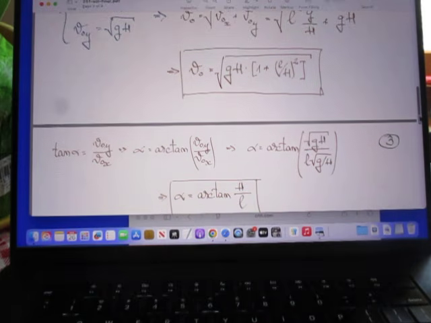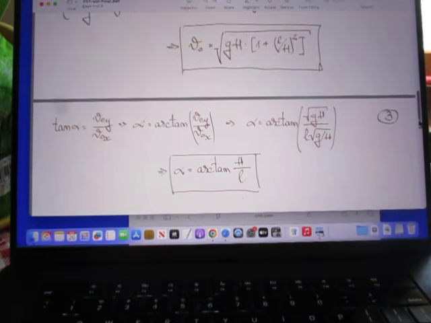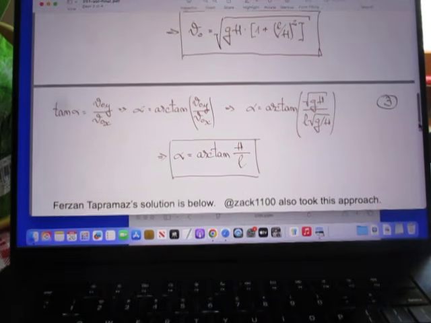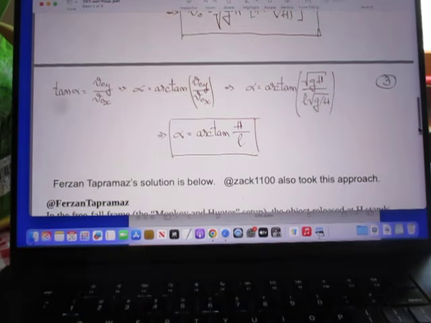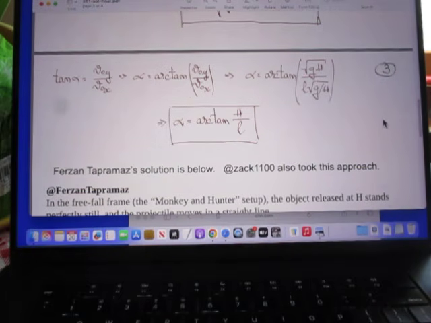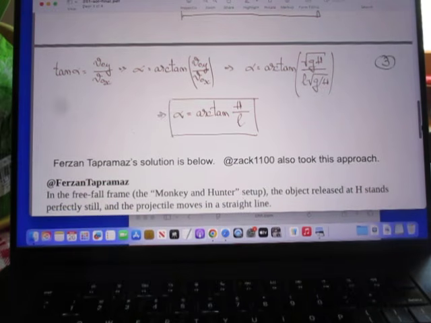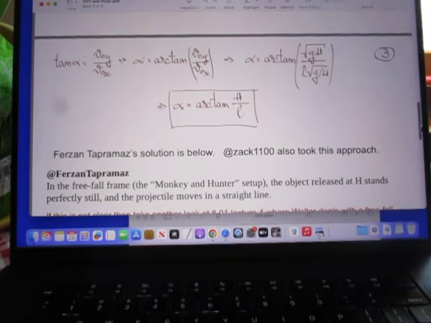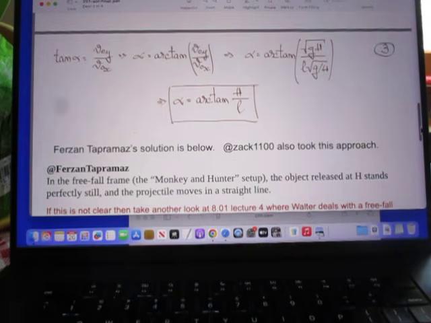And many of you have that. And then he calculates here the angle alpha. Tangent of alpha is V0y divided by V0x, also high school physics. And then you find that alpha is the arctangent of capital H divided by L.